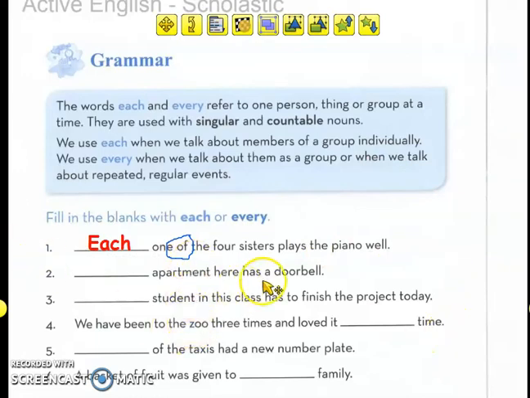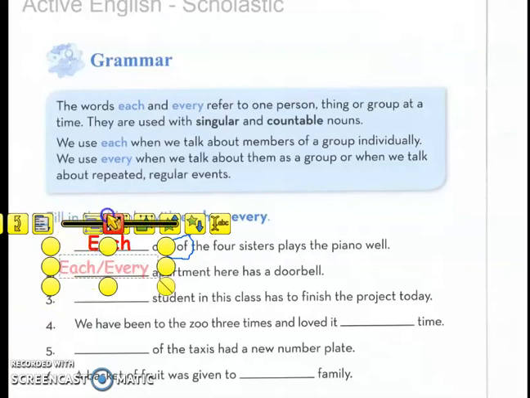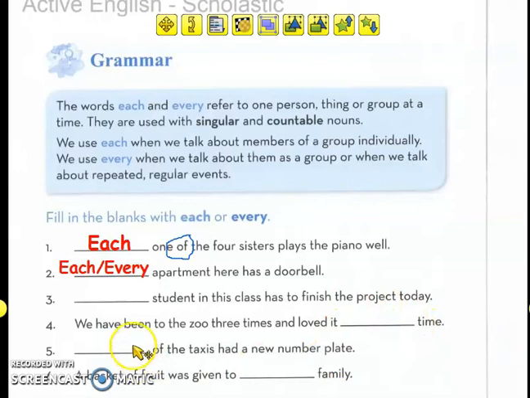Apartment here has a doorbell. Here, my students, we can use both, maybe every or each, depending on the situation or the meaning. ممكن نستخدم هنا each أو every، هذا حسب المعنى أو السياق اللي الشخص بيتحدث فيه.